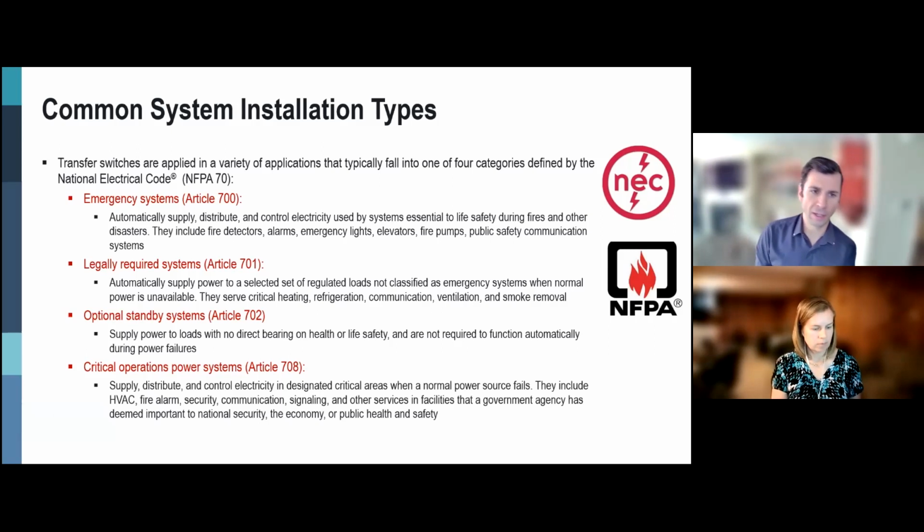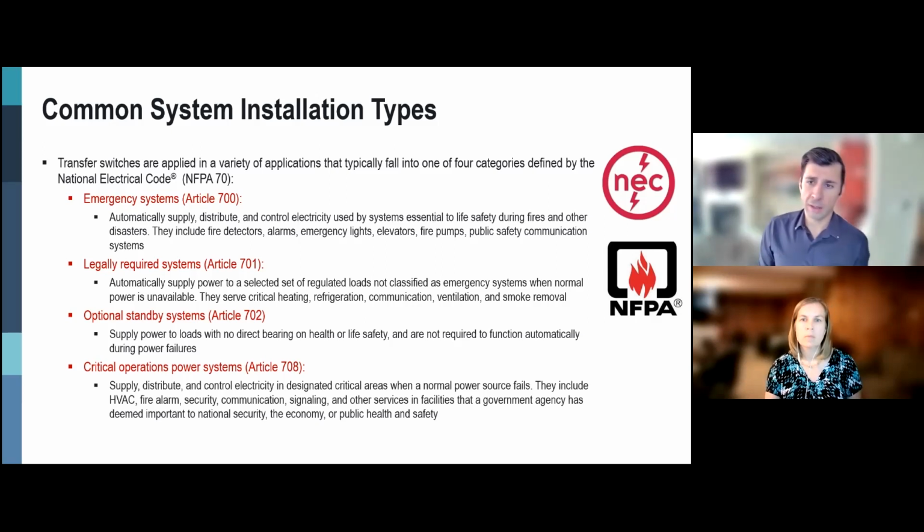But NFPA 70, or the National Electric Code, especially Article 700, 702, and 708, require an automatic transfer switch to feed the emergency required and critical operations of a power system. 702 is optional standby. And for that, for example, there is a chance that we can use a non-automatic transfer switch. So it is important for us to understand the installation.